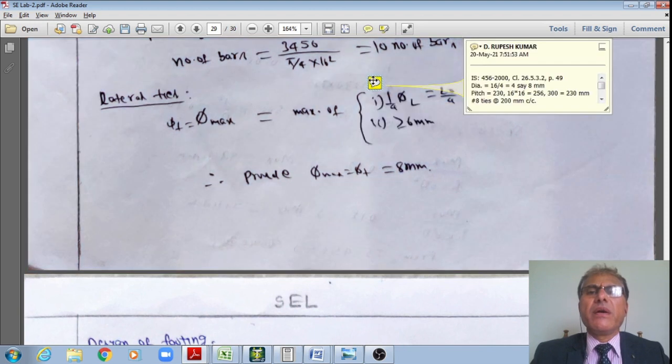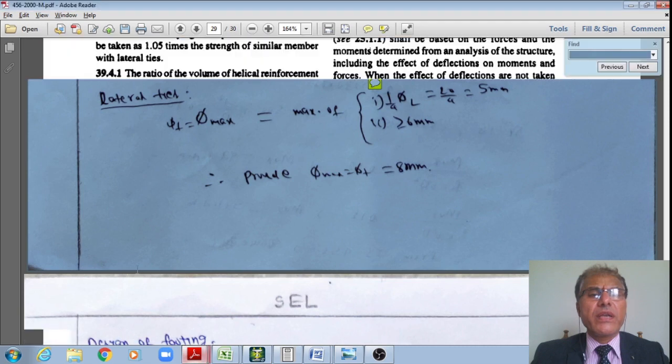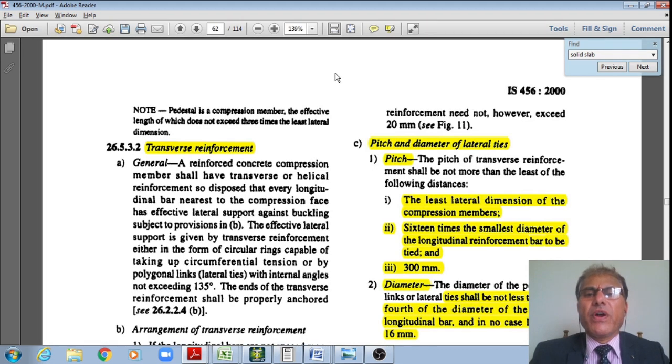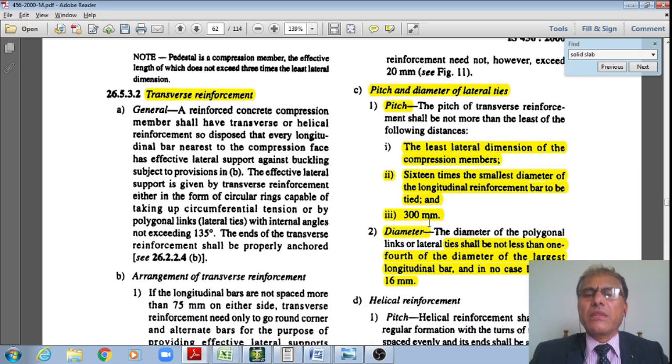Once we complete the design of the main steel, I'll go to page number 49, clause 26.5.3.2. Therefore I am there on page number 49. It gives the transverse reinforcement pitch: the pitch should be the least lateral dimension of the compression member, 16 times the smallest diameter of the longitudinal reinforcement, or 300 mm.